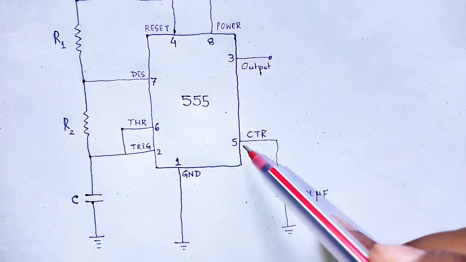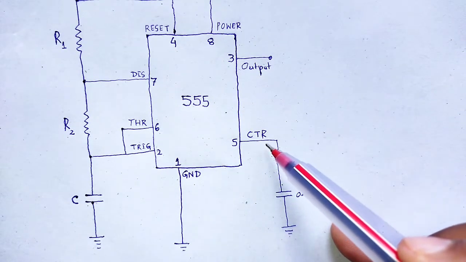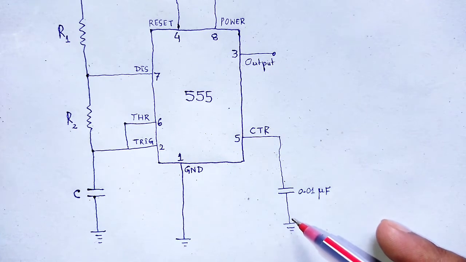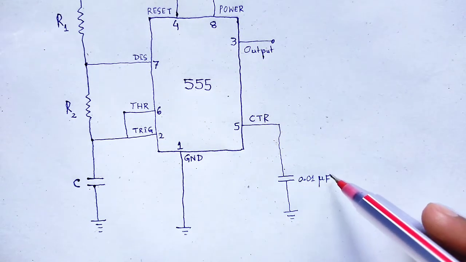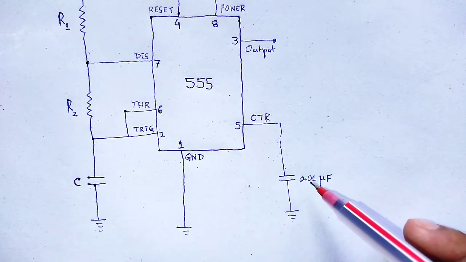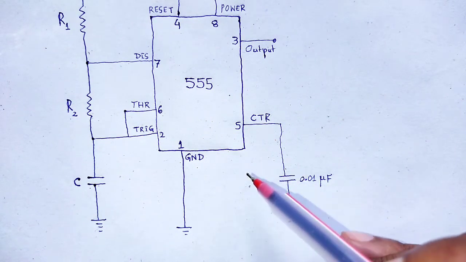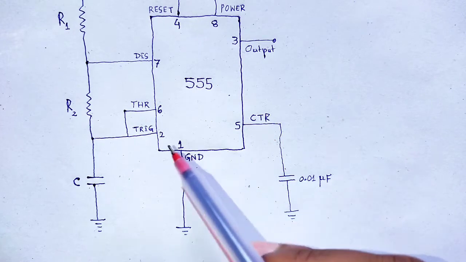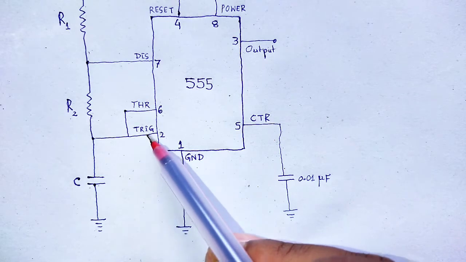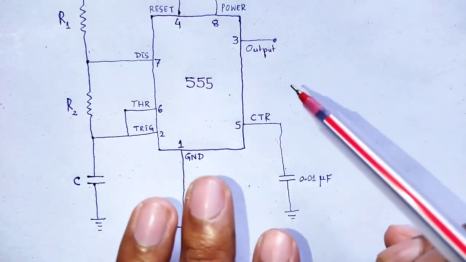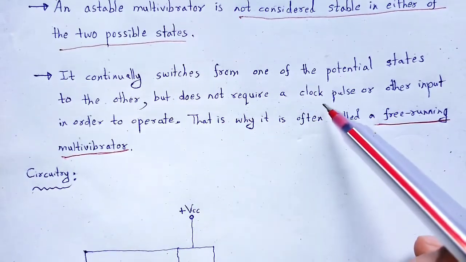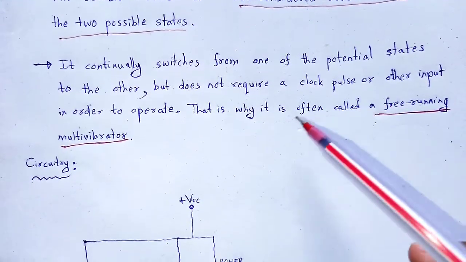The pin 5 is grounded through a bypass capacitor having capacitance 0.01 microfarad. It is important to note that the circuit does not require any kind of external trigger signal. Here we mention it, it does not require a clock pulse or other input in order to operate.